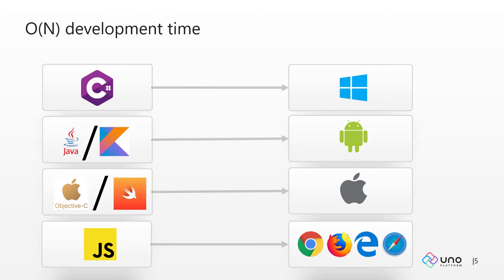This is, of course, not efficient because you will need a lot of developers, because it's unrealistic to expect that one developer will be proficient in all of these platforms at once.